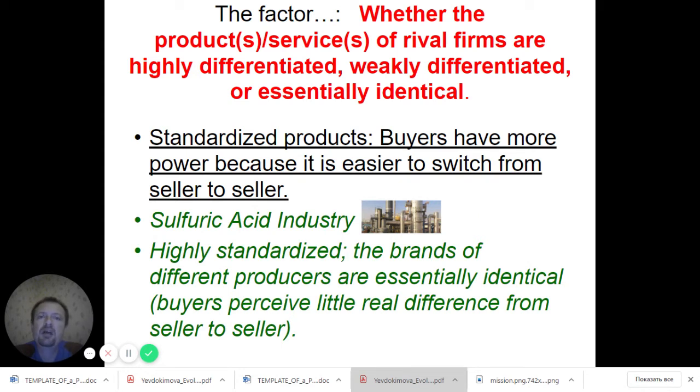Then you have to describe type of the product regarding differentiation. It means in some industries there are some standards, or there is one standard for the product, and the products of the industry are essentially identical.